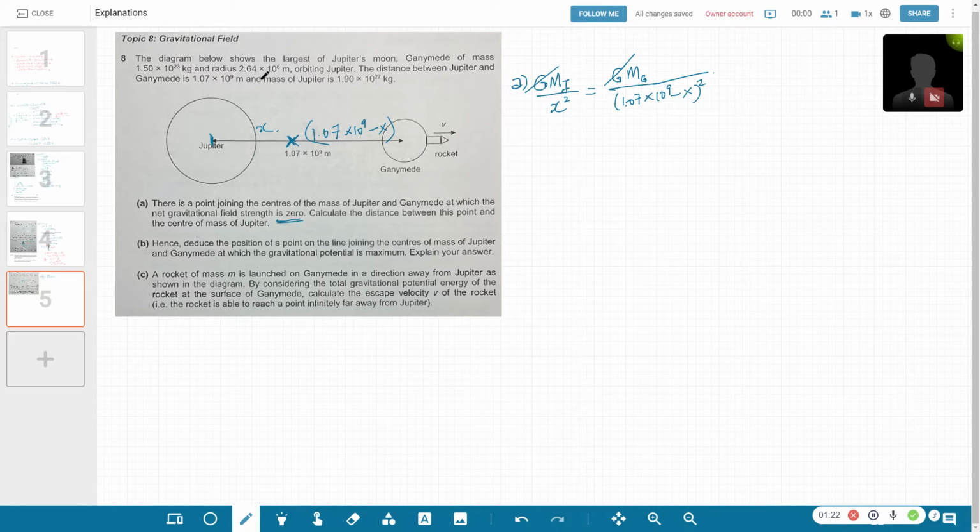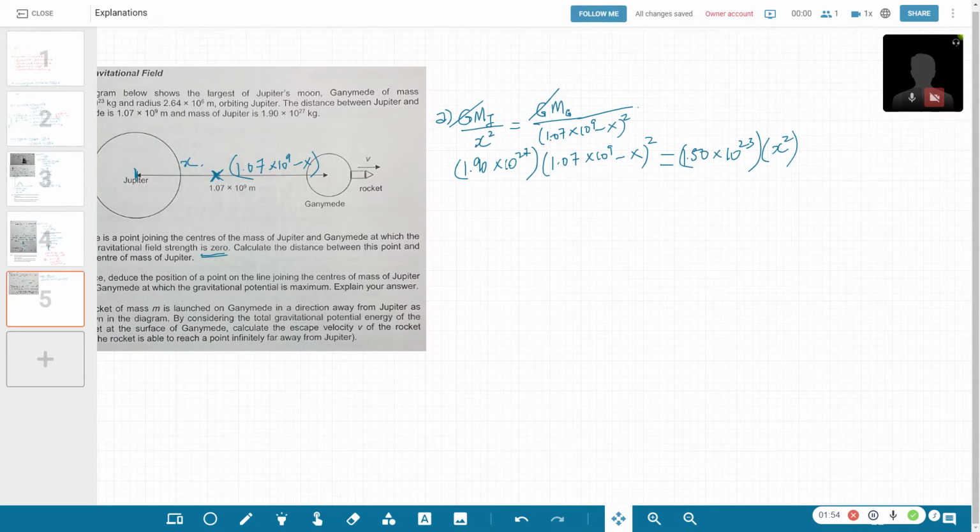Now the mass of Jupiter is 1.9 times 10 to the power of 27 kg, times (1.07 times 10 power 9 minus x) square, equals the mass of Ganymede, 1.5 times 10 power 23, times x square.